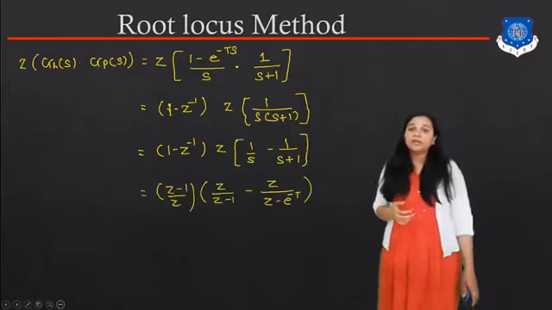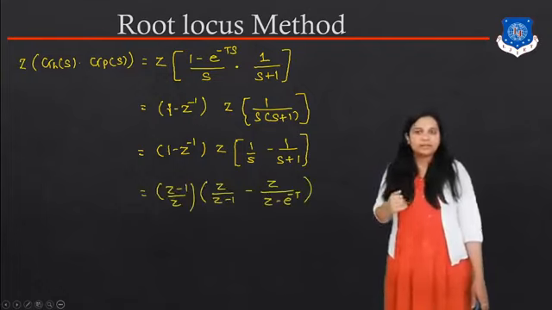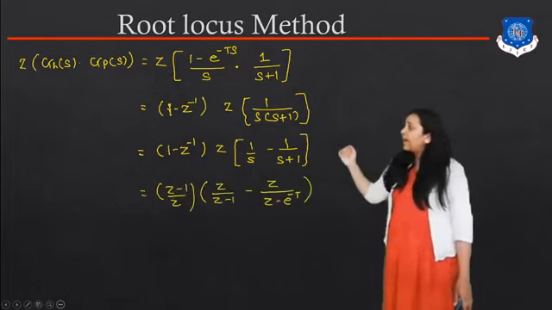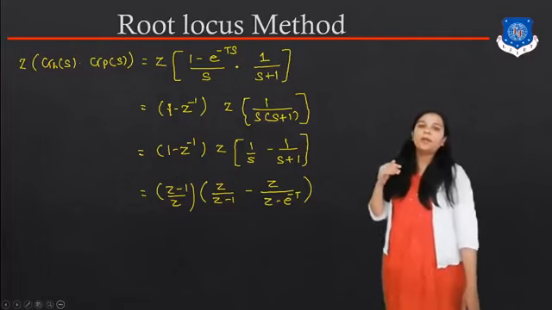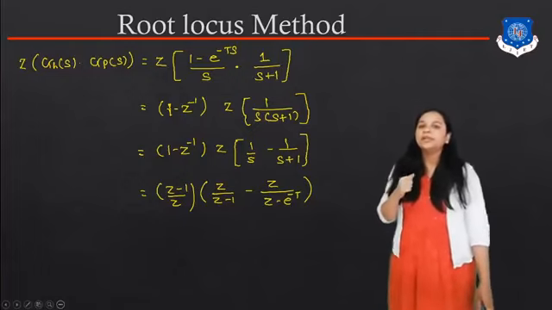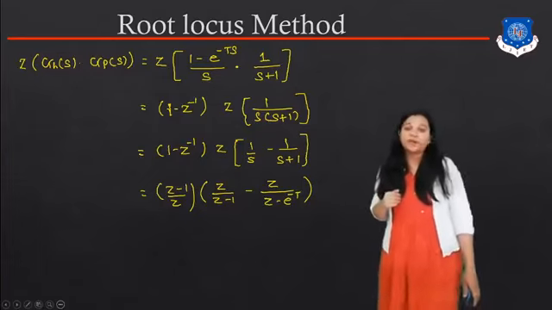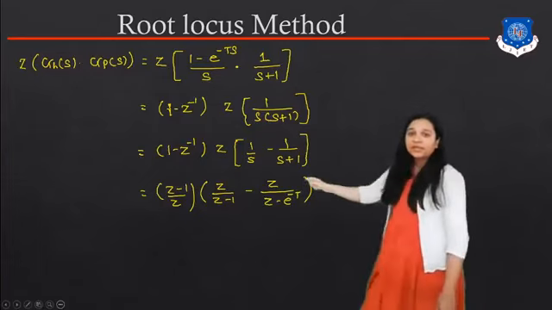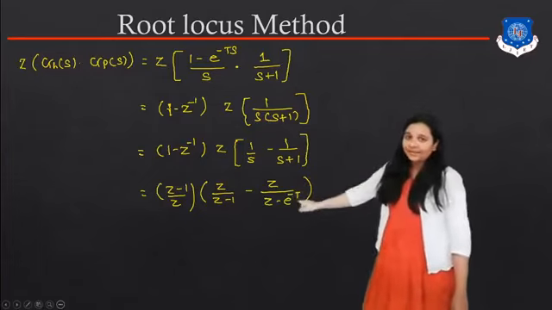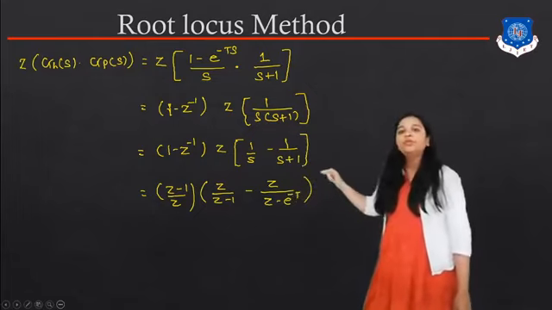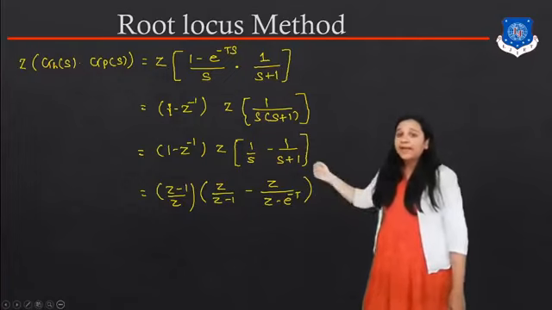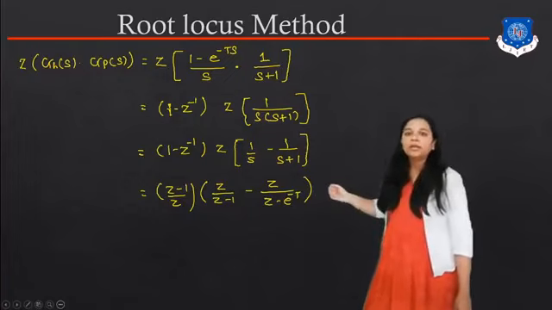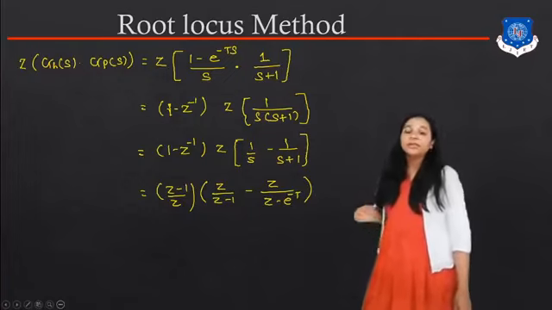It is nothing but z upon z minus 1, minus the z transform of 1 upon s plus 1, which is z upon z minus e raised to minus t. Now simplify this equation. Here you can see that the two terms cancel out: z minus 1 upon z into z upon z minus 1 becomes 1 minus z minus 1 upon z into z upon z minus e raised to minus t.